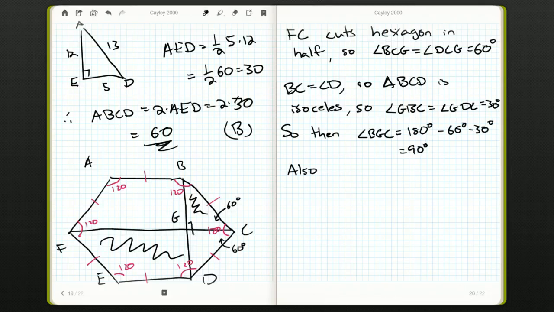So we do indeed get a right angle here. And we also have that DGC equals 90 as well. The exact same reasoning applies. So we get a nice bright right angle here. But what's more, BGC is a 30, 60, 90 triangle.